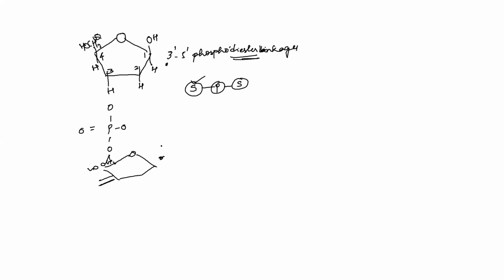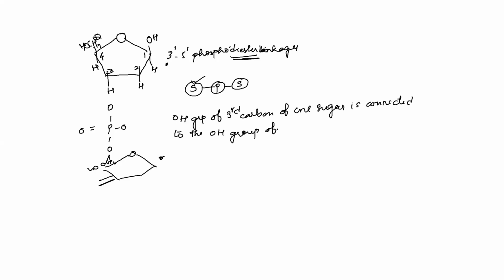Now, the OH group of the third carbon of one sugar is connected to the OH group of the fifth carbon of an adjacent sugar, in a phosphate group.